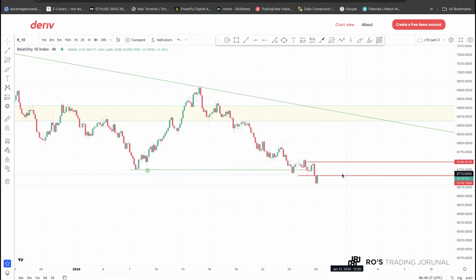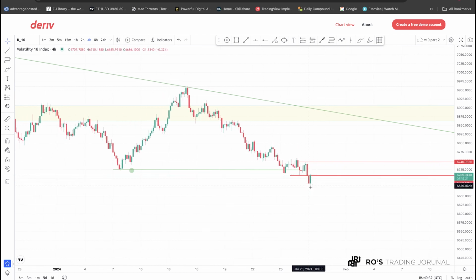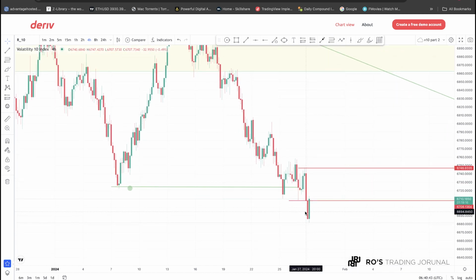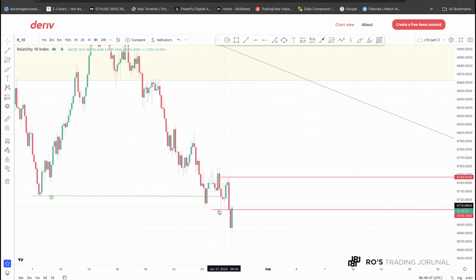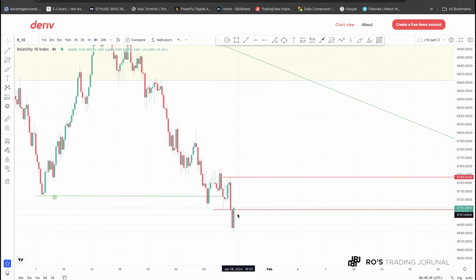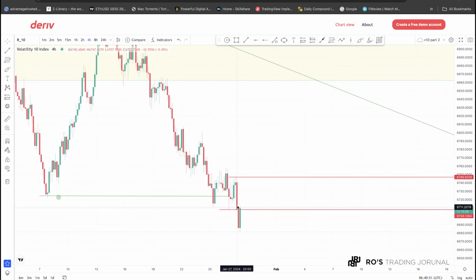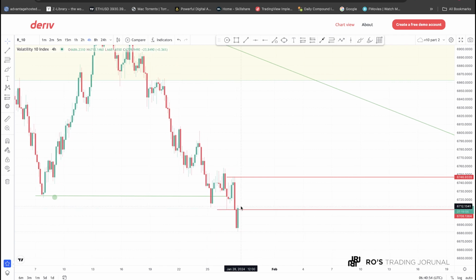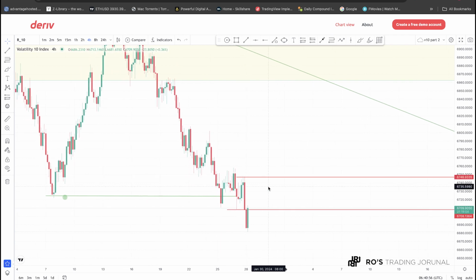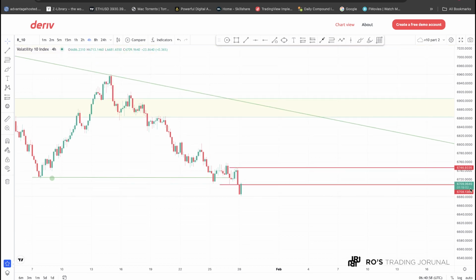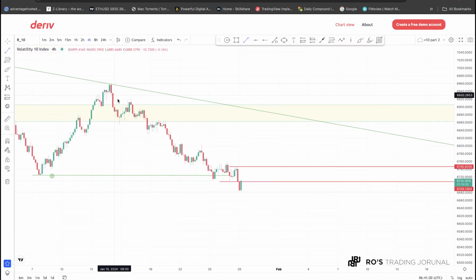Alright, so on the 4-hour time frame, we see currently that we're entering into our previous day high and low range. So if we get a close of this 4-hour candle, we can possibly target this high. But anyway, what I like to do is also draw another trend line from here to here.